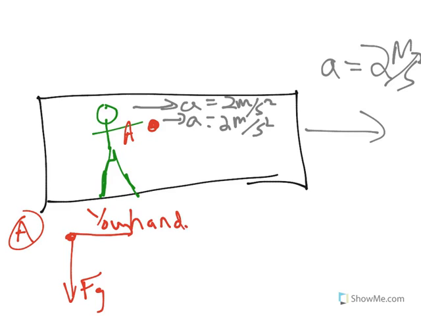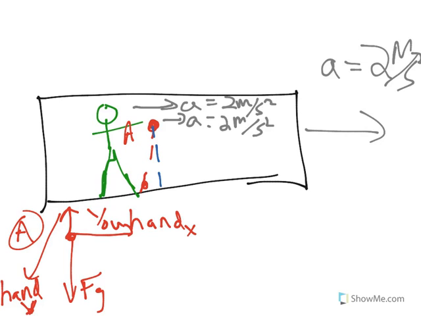Your hand is acting in the X direction on it to keep it going forward, and your hand is also acting in the Y direction to keep it up. As soon as you let go of the ball, it is actually going to travel a path backwards. It's not going to fall straight down.